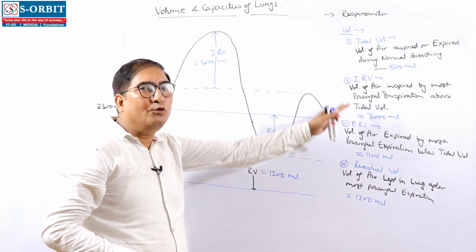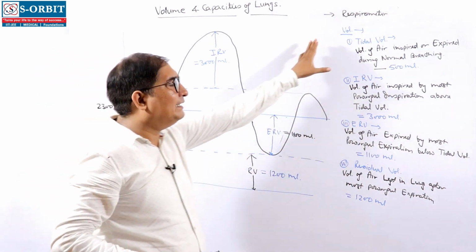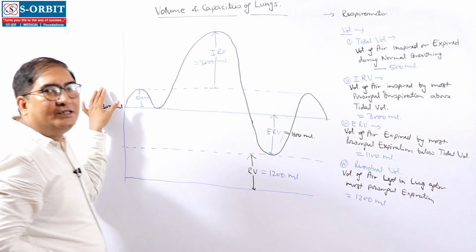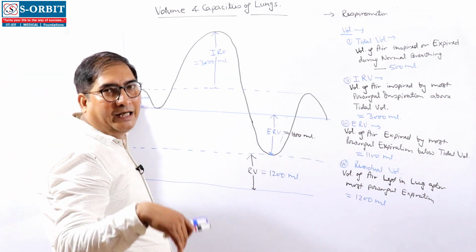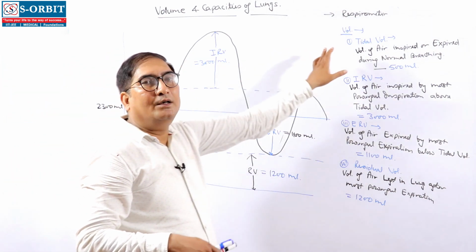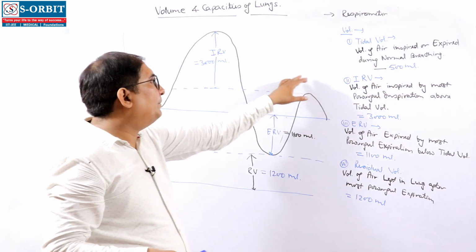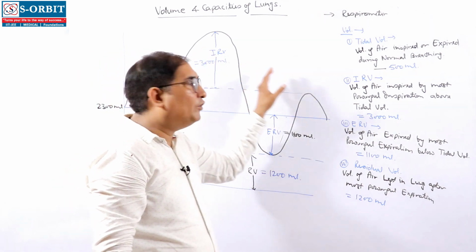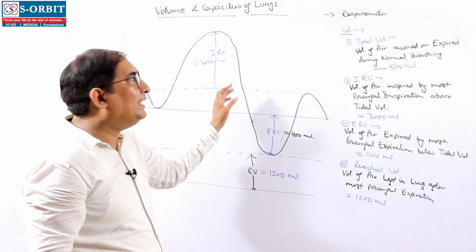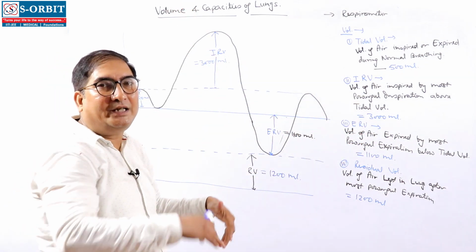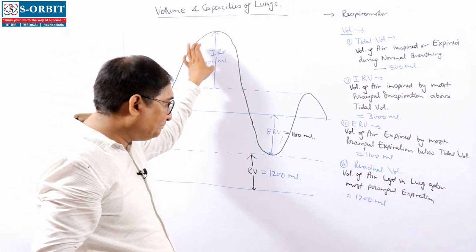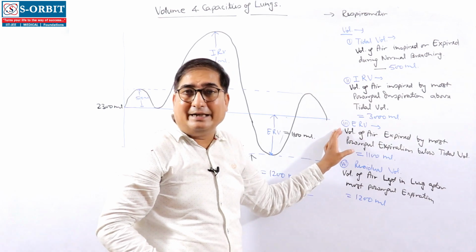So these are the four volumes. Number one is tidal volume. The tidal volume is the volume of air which is inspired or expired during normal breathing, which comes to about 500 ml. Next is inspiratory reserve volume. Inspiratory reserve volume is the volume of air that is inspired by most powerful inspiration above tidal volume, which comes to be about 3000 ml. Next is expiratory reserve volume.